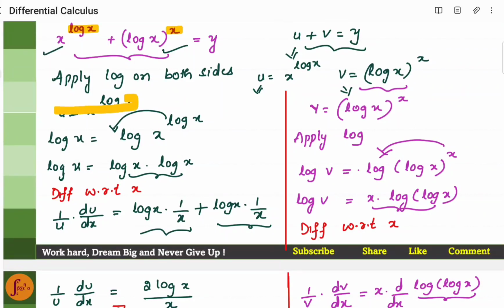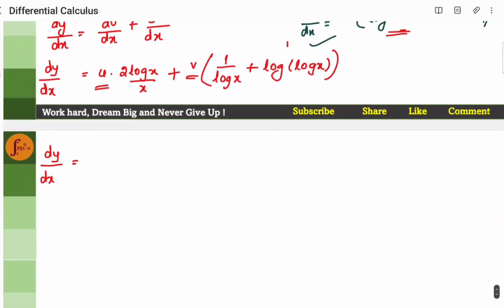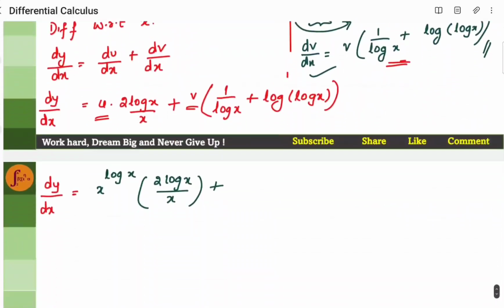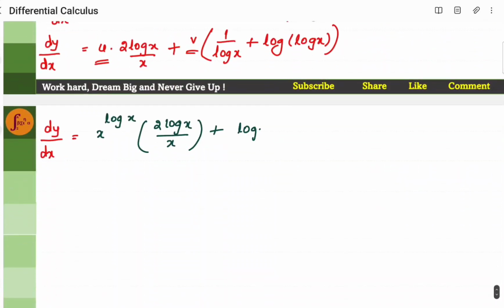This is u and this is v, right? We'll substitute. U is x to the power log x into 2 log x by x. V is log x to the power x, log x to the power x into 1 by log x plus log of log x.